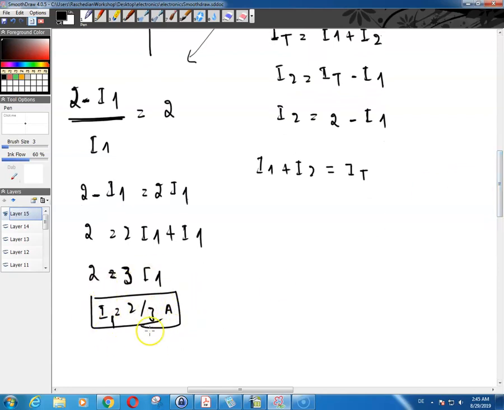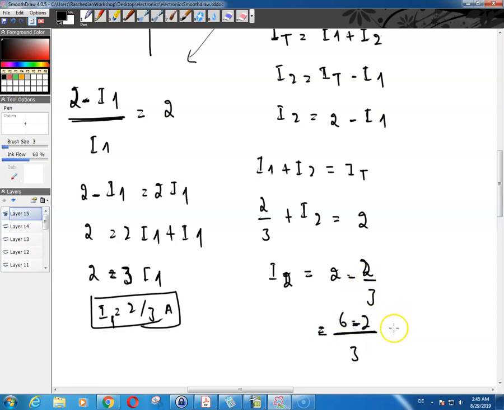So I1 is equal to 2/3 amps. So I write over here 2/3 plus I2 is equal to I(t), which is 2 amps. So I2 is equal to 2 minus 2/3, which is equal to 6 minus 2 over 3, which is equal to 4/3 amps.